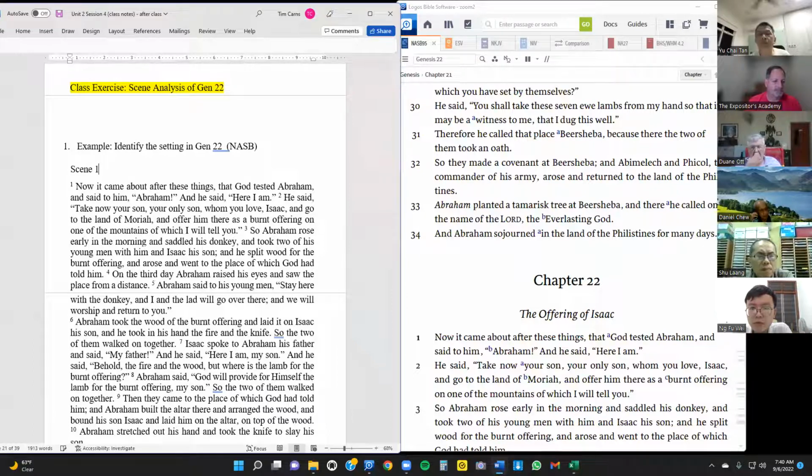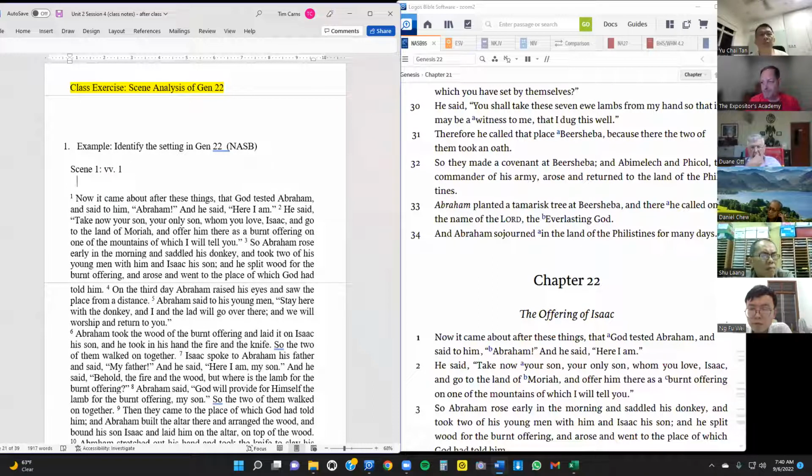So scene 1 begins in verse 1, of course, but we know that Abraham, what I like to do is just put where. So he's in the land of the Philistines, Beersheba. And we know that from what you just pointed out.